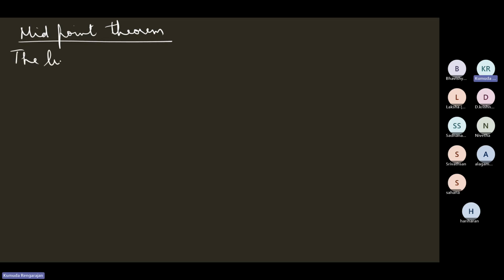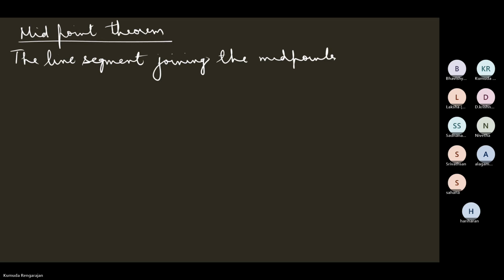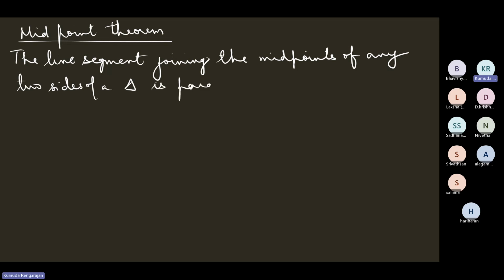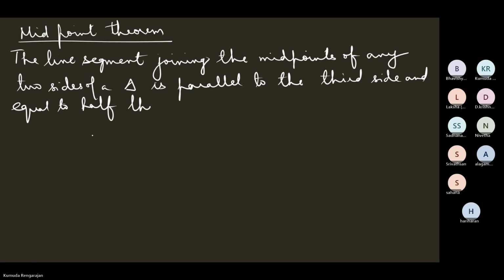The line segment joining the midpoints of any two sides of a triangle is parallel to the third side and equal to half the length of the third side.